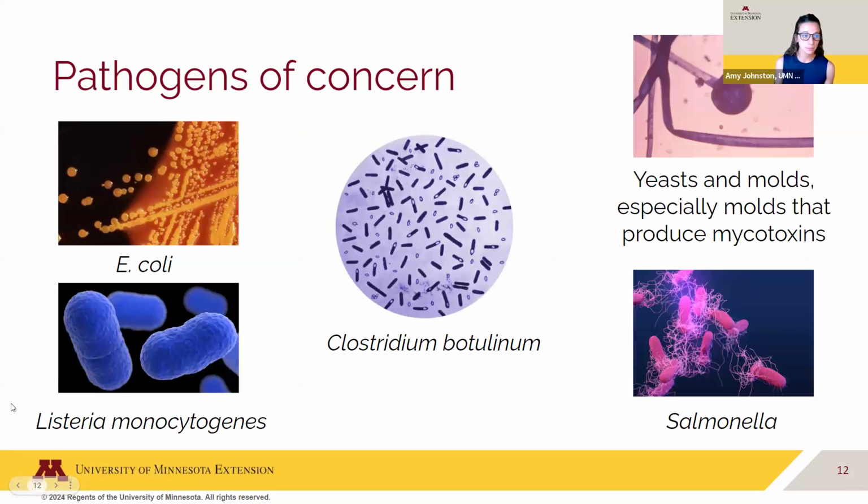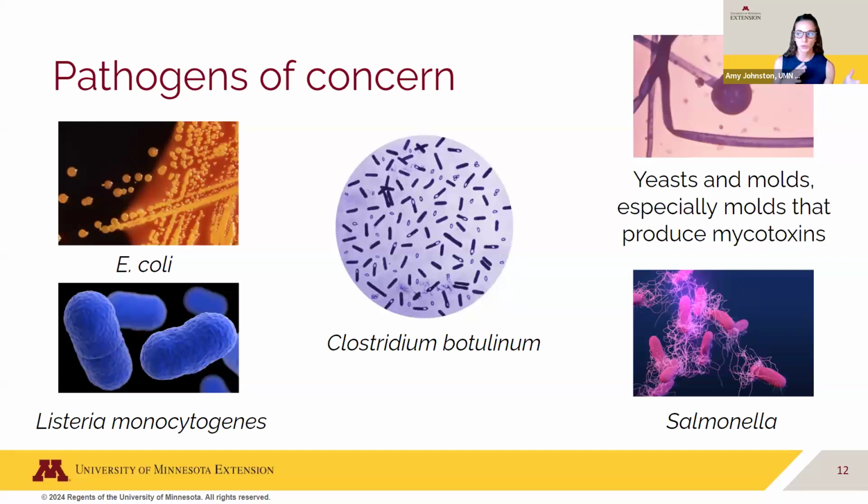So when correctly prepared, acidic and acidified foods are non-potentially hazardous. That means they don't have a very high food safety risk. Correct preparation includes that pH of 4.6 or less and the proper heat treatment.